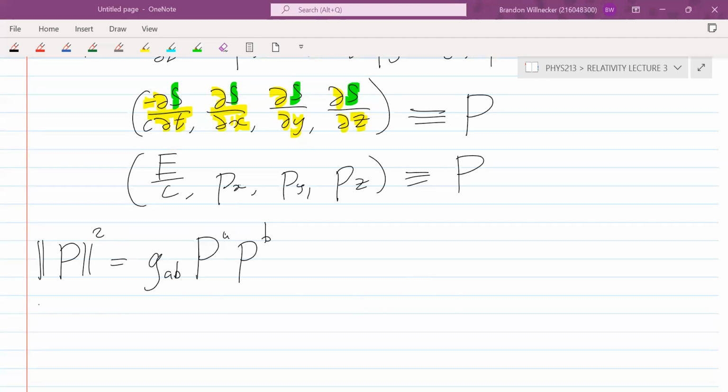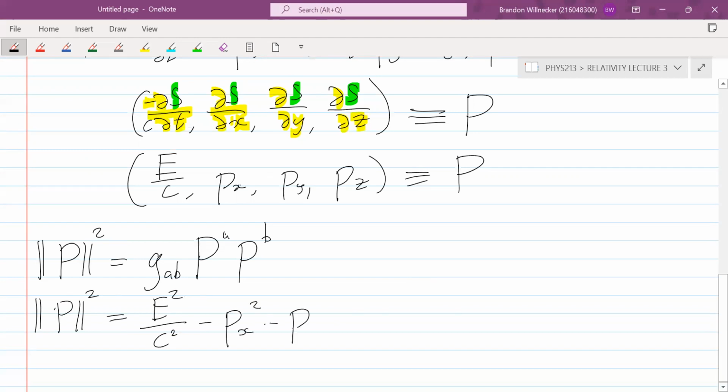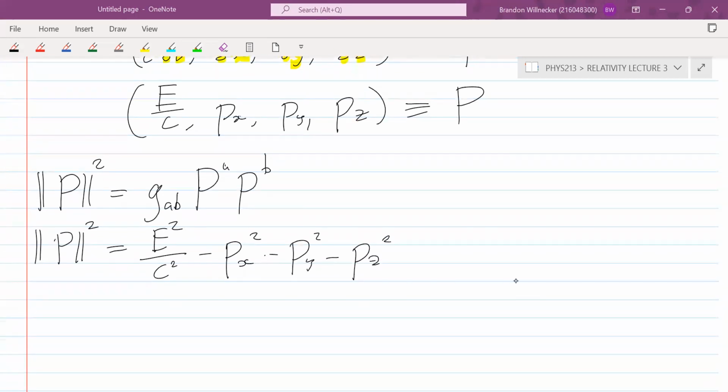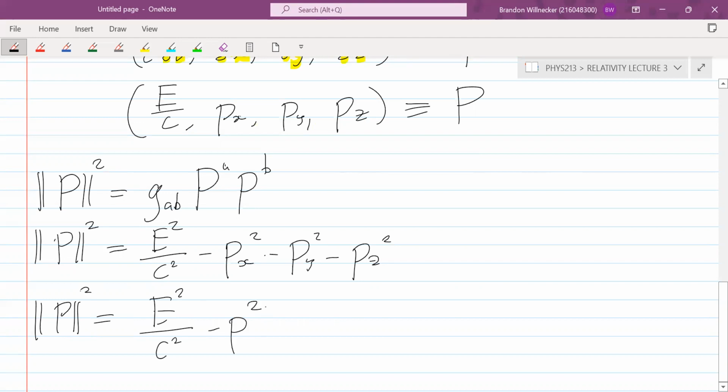So the magnitude of P squared is given by E squared over c squared, that's just your first component squared, and then minus Px squared minus Py squared minus Pz squared. All of that we can combine into p squared. So the magnitude of P squared is given by E squared over c squared minus p squared.